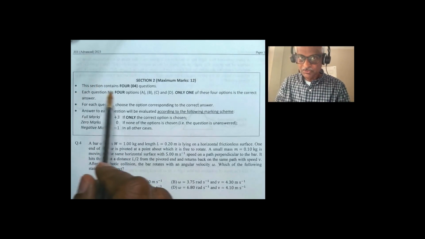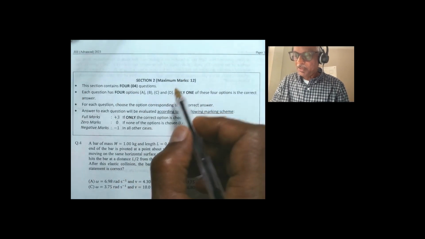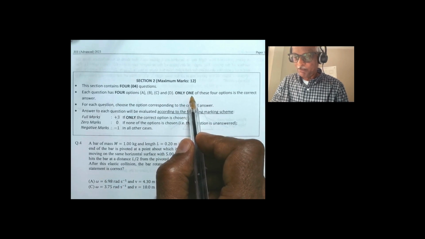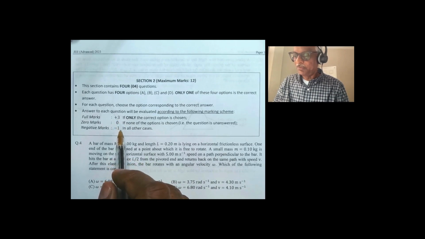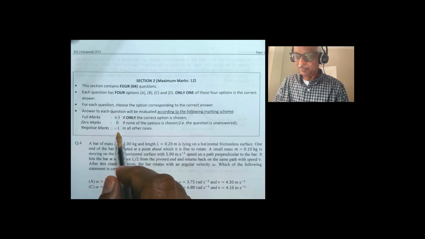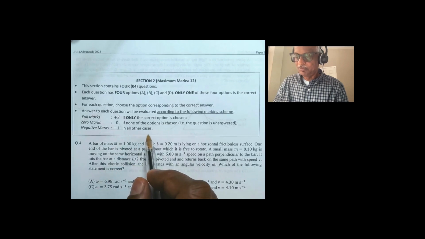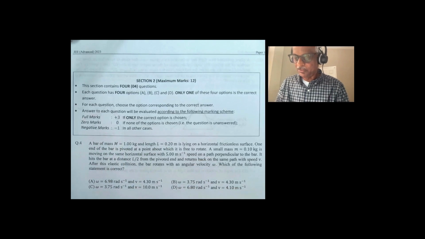So here is section 2, and if you look at the instruction for section 2, it tells you there are 4 answers to each problem and only one of them is correct. If you get the correct answer, you get +3, if you don't answer the question, it's 0, and it's -1 for marking a wrong answer.